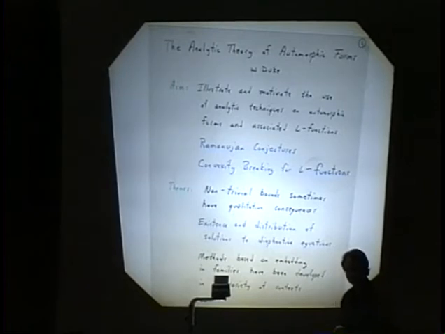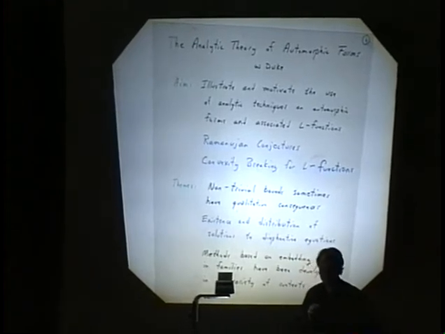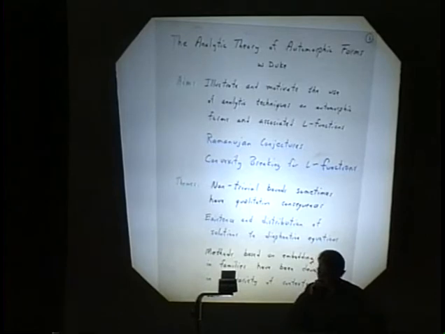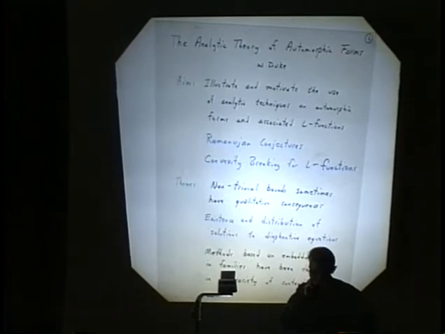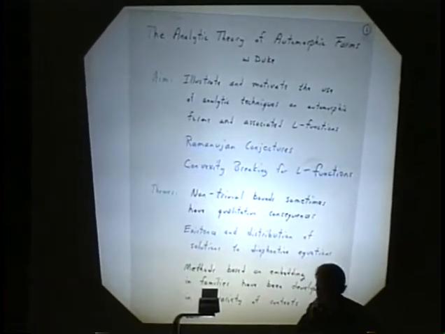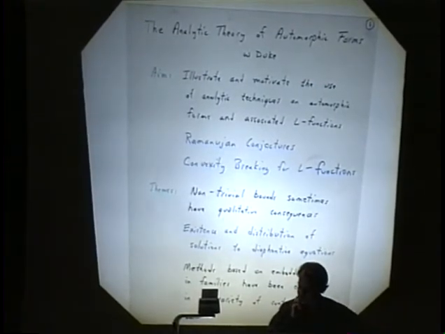So my general aim in this talk is to illustrate and motivate the use of analytic techniques on automorphic forms and their associated L functions. In particular, I'm going to concentrate on two main ideas or directions, which are the Ramanujan conjectures for the coefficients of L functions, and convexity breaking for L functions.